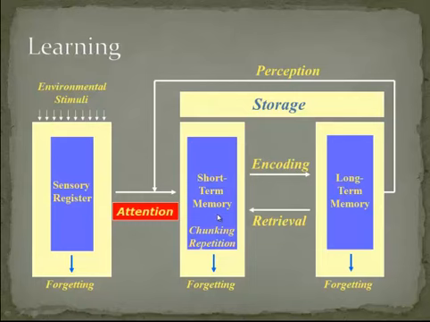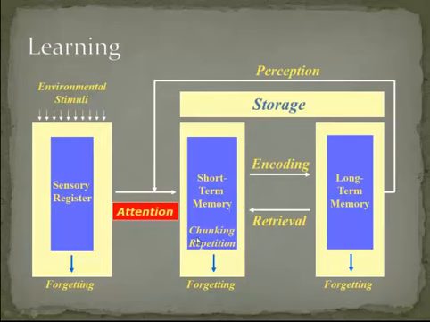Short-term memory, you can hold information longer. It's about 30 seconds, but you can only hold a small amount of information. It's generally 7 plus or minus 2 pieces of information. Yes, that's why our phone numbers are 7 digits long.